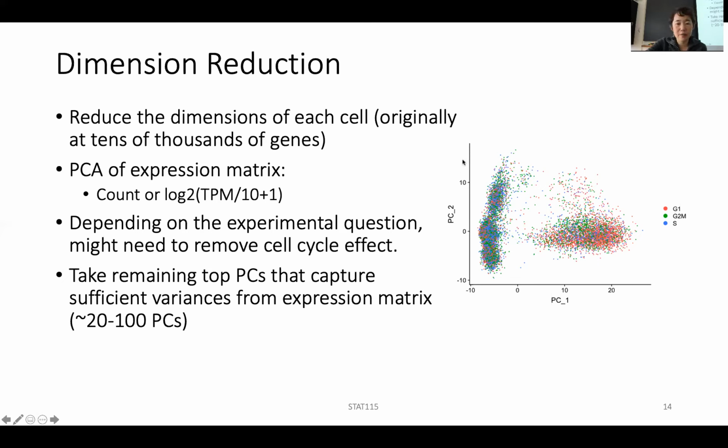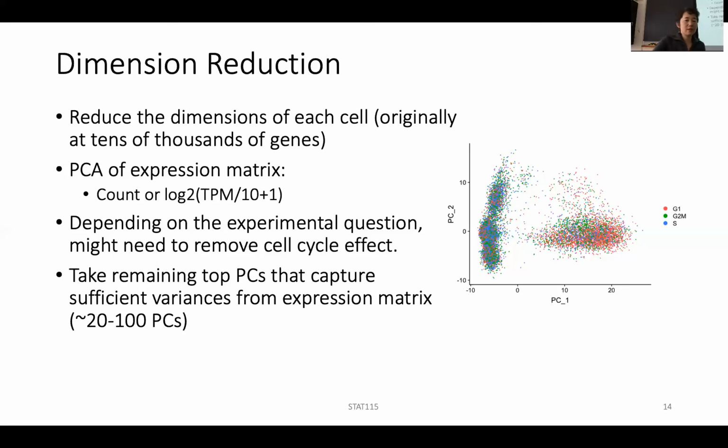So here you can see we can run PCA on the expression matrix. This can be done either on the exact count matrix, or if you converted your data into TPM, you can do log of TPM divided by 10 plus 1, just to make sure that if the expression is really low, it is as good as 0.